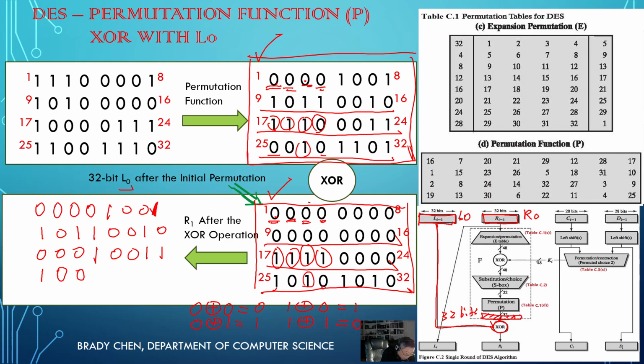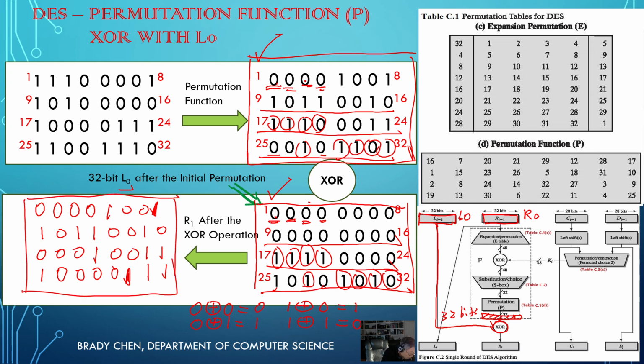And 0, 0, we got a 0. Okay, so it's a 1, 1, 0, 1, 0, 1, 0, 1, 1, 1, 0, 1. Okay, so that's the final result.